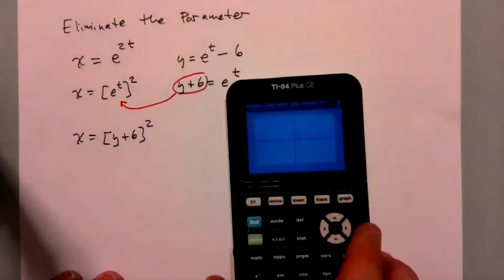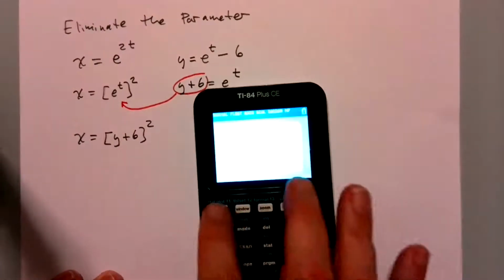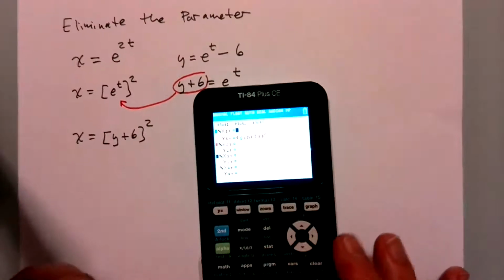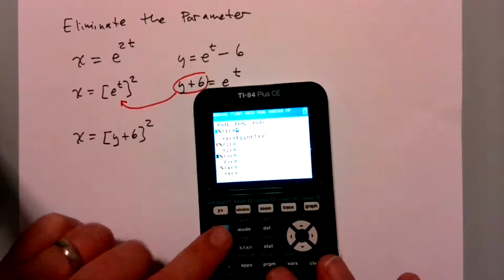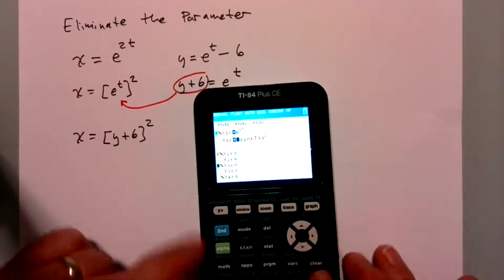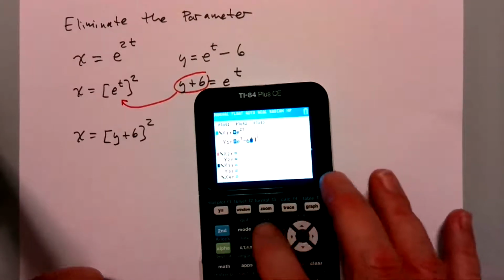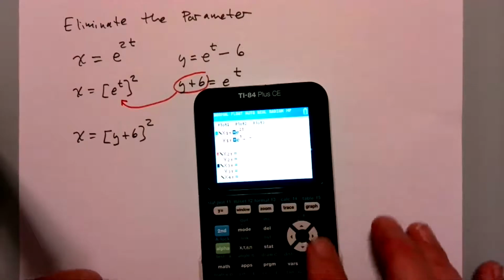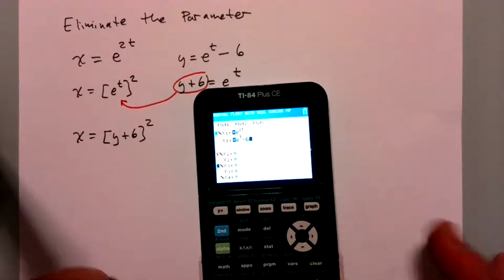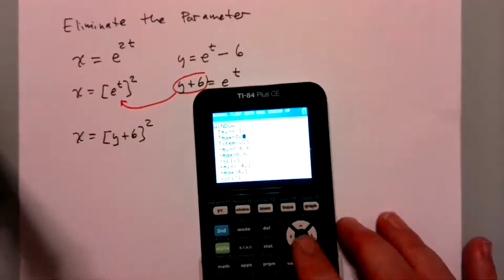And we'll try again. Let's take a look at our graphing calculator. So we'll take x is e to the 2t, and y is e to the t minus 6. Whoops. I don't know what my window should be here because I didn't tell you in the problem. So I can just make one up. Maybe I can go minus 10 to 10.